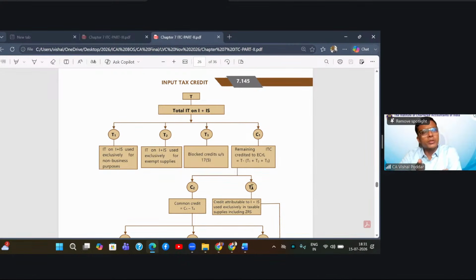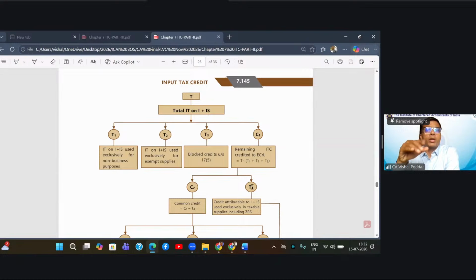For those supplies, I know the final stand, whether input is allowed or not. If the ITC is on inward supplies for taxable supply, ITC is allowed. If the ITC is for inward supply for exempt, ITC is not allowed. It's simple and straight.